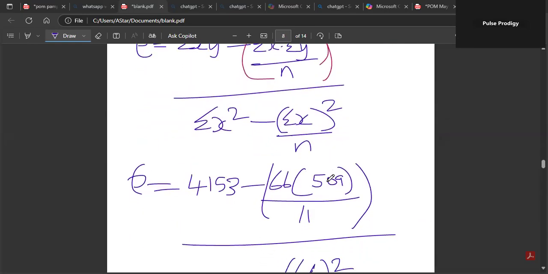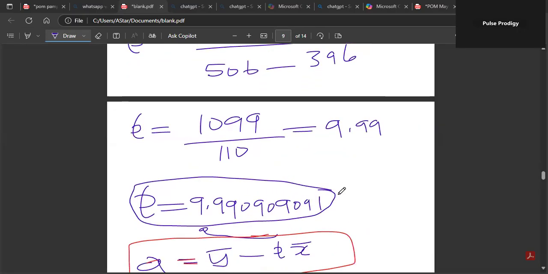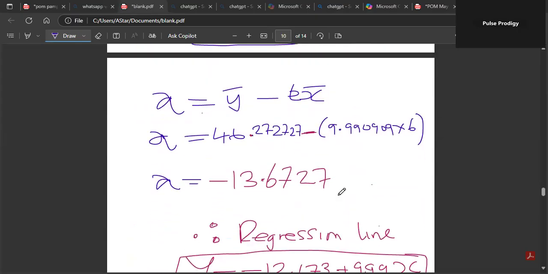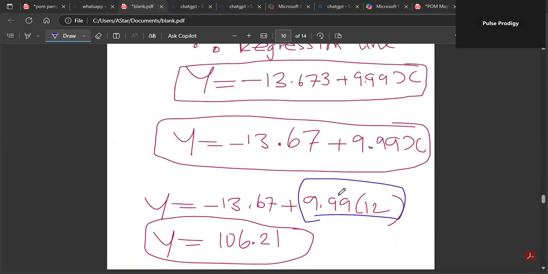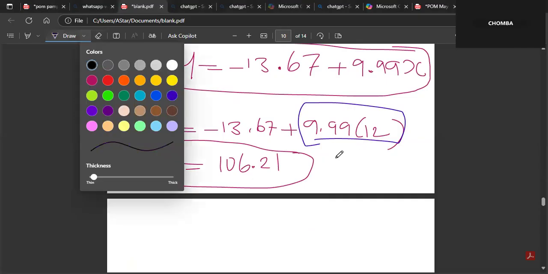From here, we got the slope as 9.99 and the intercept as negative 13.67. Multiply 9.99 by 12, then plus negative 13.67. Use the calculator, and put the ones that are multiplying in brackets.